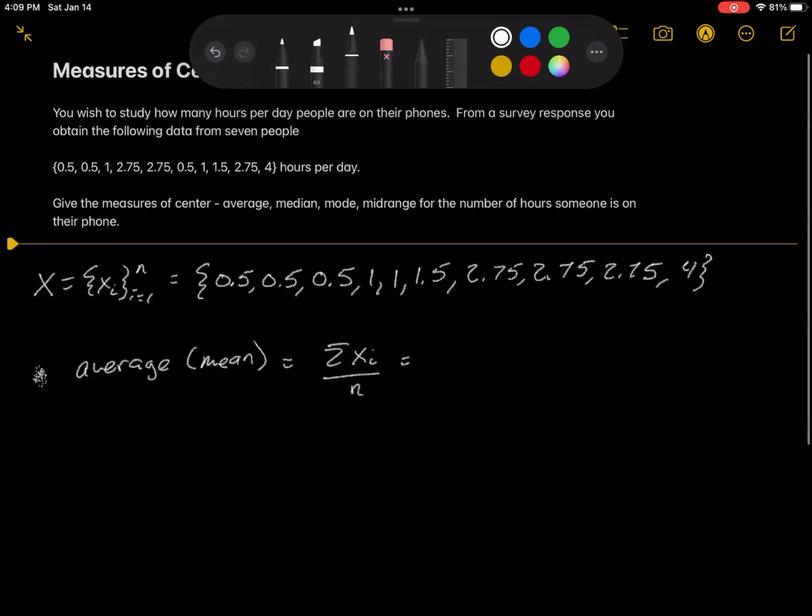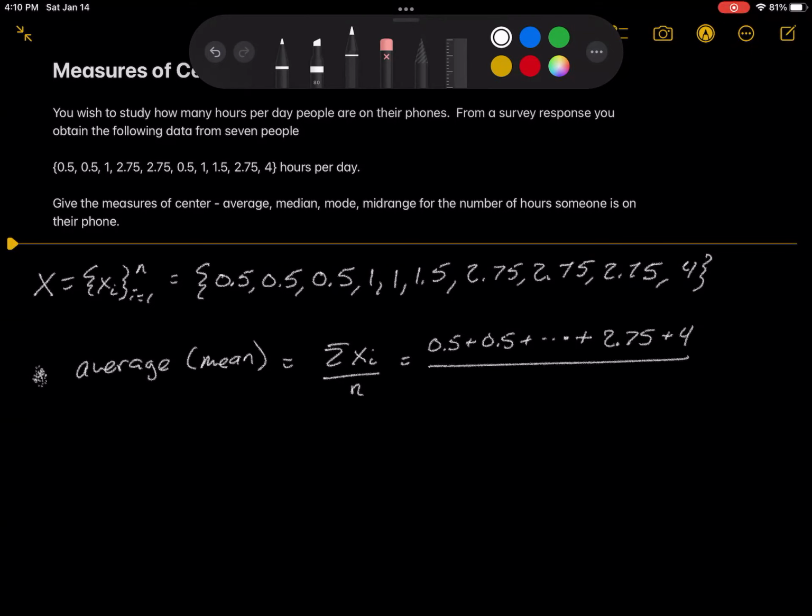So the average is the sum of all of this. So we have 0.5 plus 0.5 plus all the way down the line until plus 2.75 plus 4. It's the sum of the 10 values that we have. And because we have 10, we divide by 10.